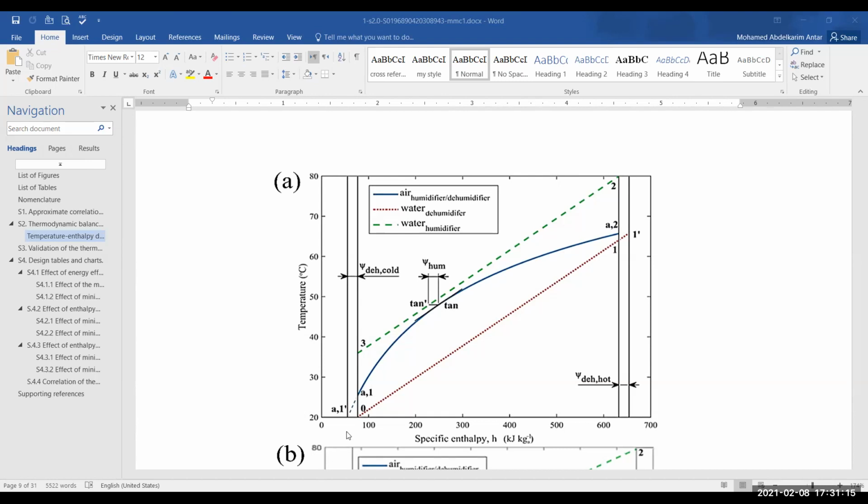So the water heats from 0 down here up to 1 up here, whereas the air cools down from air 2 right here, and then it will keep cooling down until air 1 at the inlet. So this is a condition at the inlet or down at the dehumidifier, and this is the upper point of the dehumidifier.